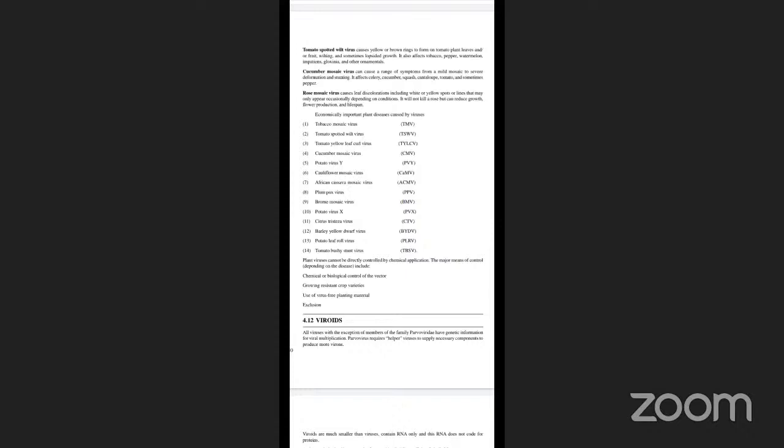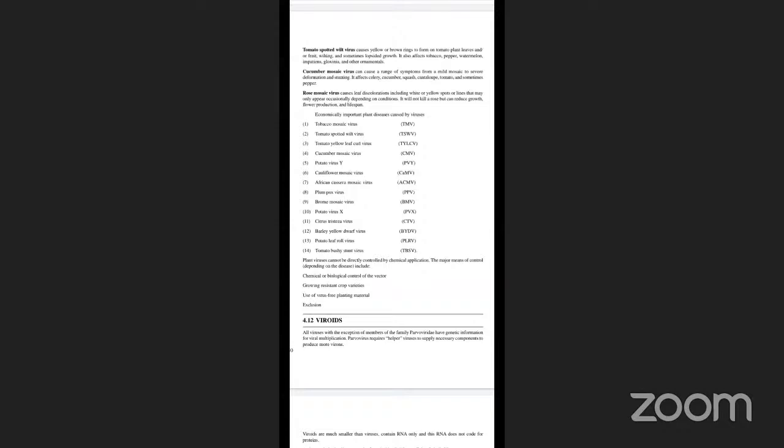With tomato spotted wilt virus, symptoms appear on the plant leaves, brown or yellow spots, and the leaves wilt. Another one is cucumber mosaic virus, where the leaves show decoloration and spotting. Next is rose mosaic virus, where leaves show decoloration with white and yellow spots.